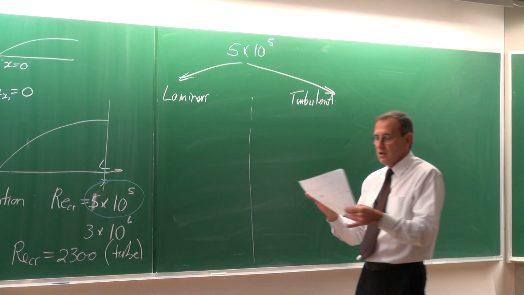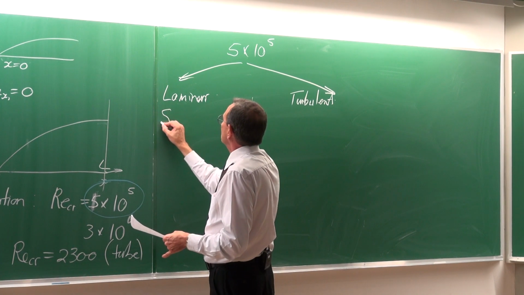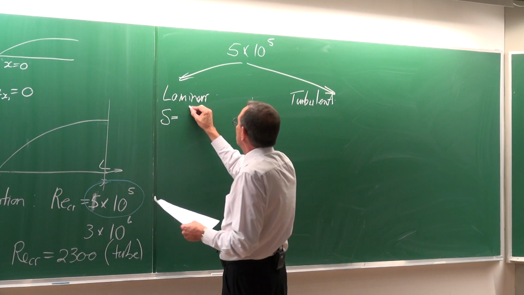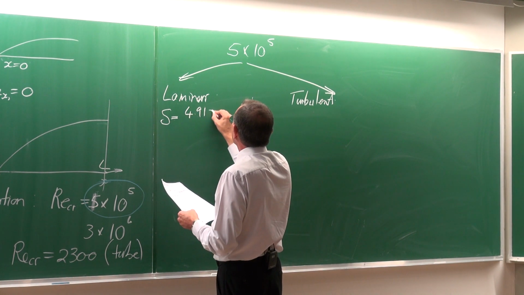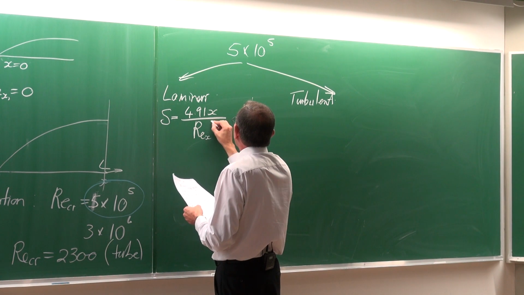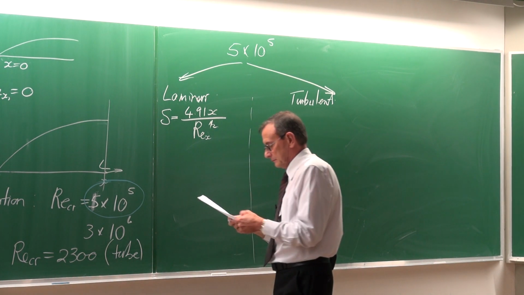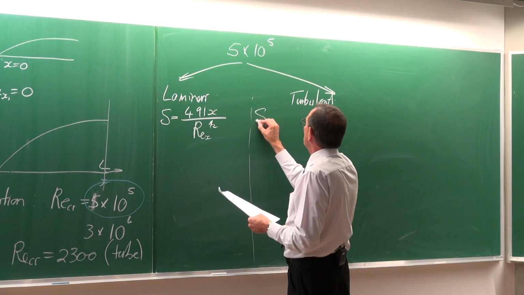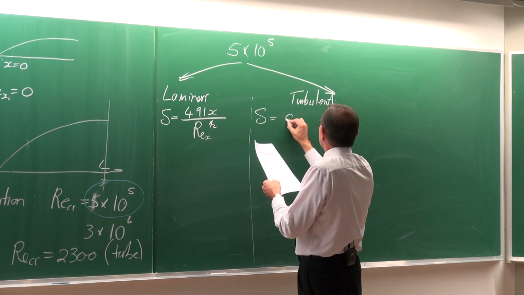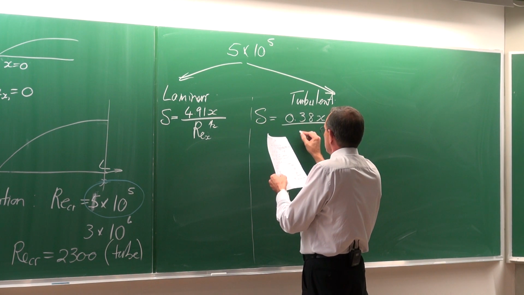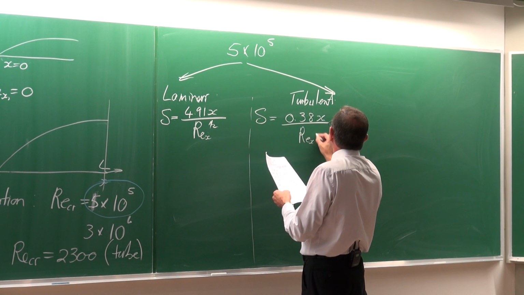And if the flow is laminar, we've already looked at the derivation, then the boundary layer thickness is equal to 4.91 multiplied by x divided by Reynolds x to the half. While for turbulent flow, it would be equal to 0.38x divided by Reynolds x to the fifth.